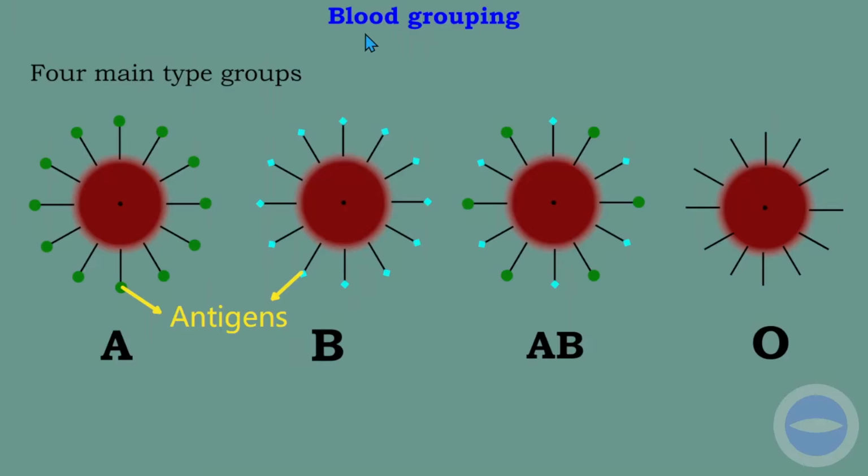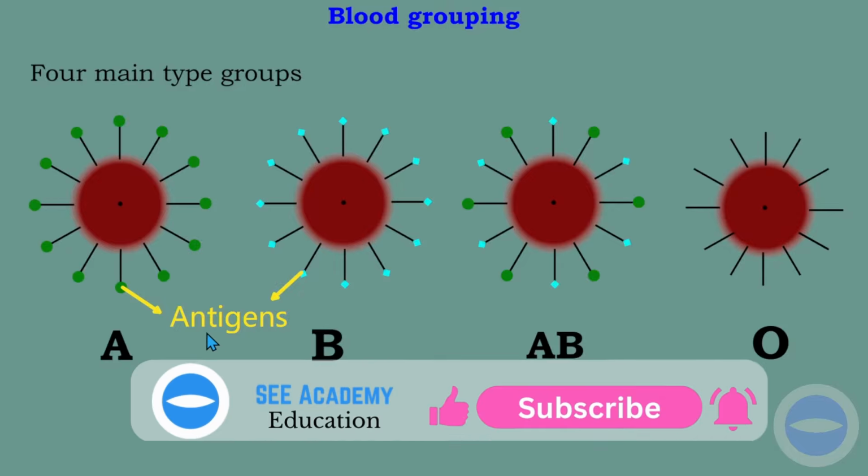So here are the blood groups. We have four main types: type A, type B, type AB, and type O. What makes the difference between these blood types is a molecule that we call antigens.